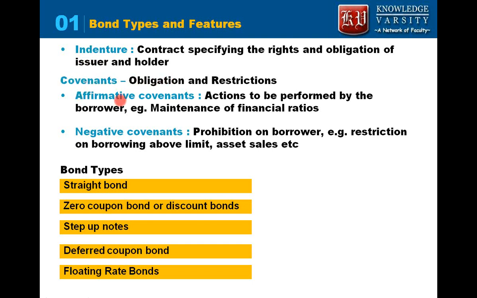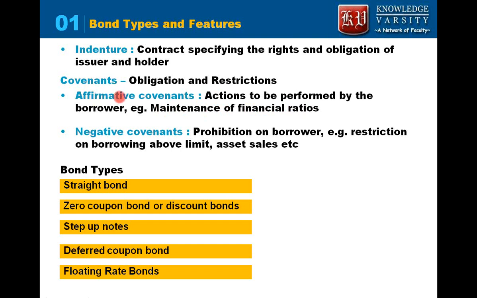The covenants can be both affirmative and negative. The affirmative covenants are the covenants that the borrower says it will perform. Some of these are like maintenance of financial ratios, that is, they have to maintain the debt to equity ratio or interest coverage ratio.